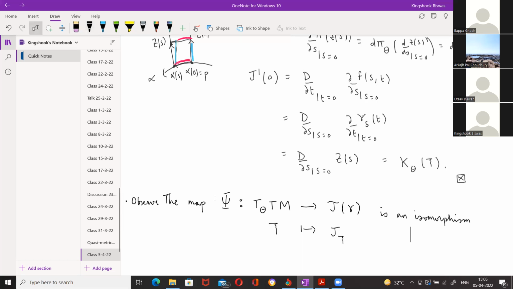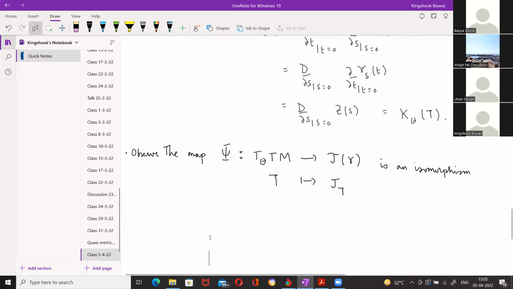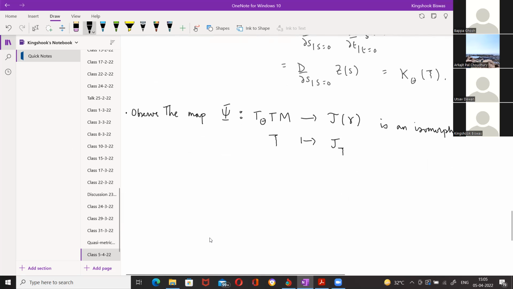In fact, what do we have? Here T theta TN is mapped by the map little j theta equal to d pi theta, k theta, to TPM direct sum TPM.